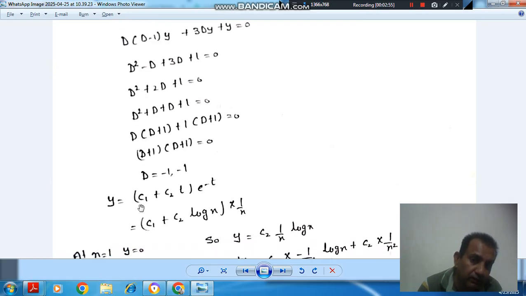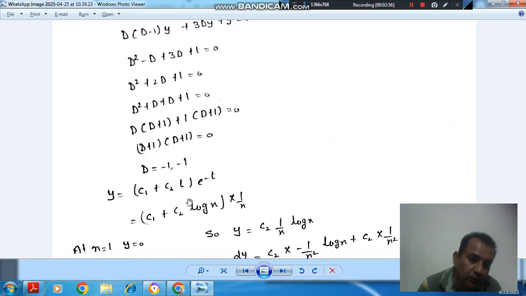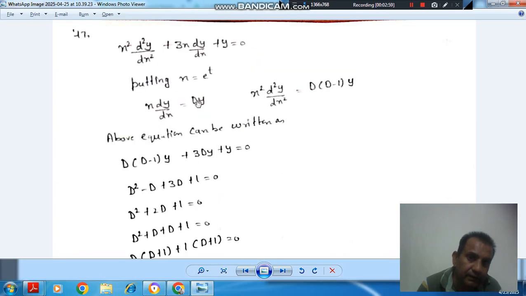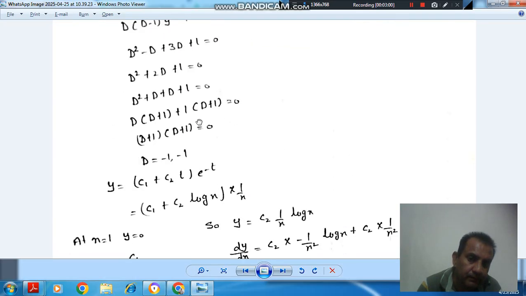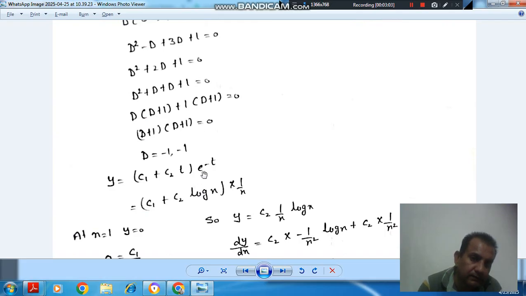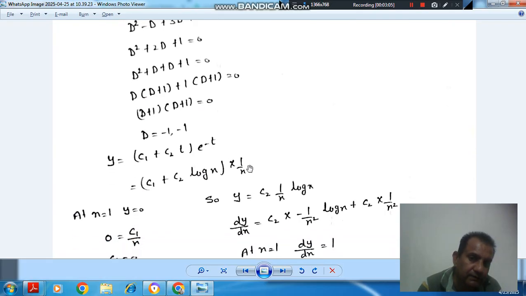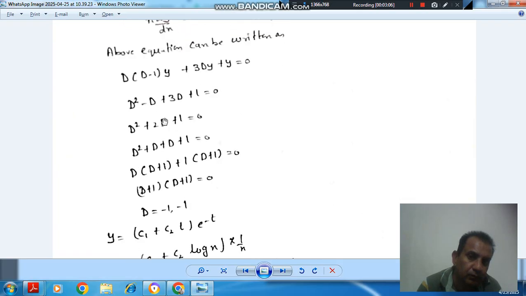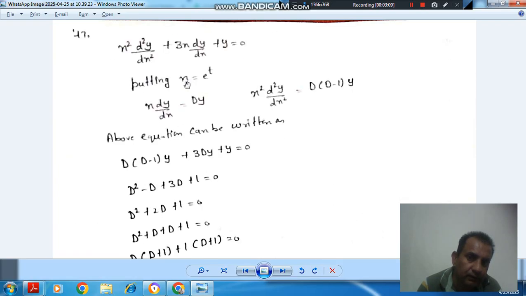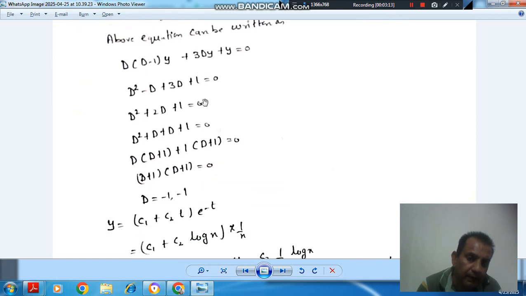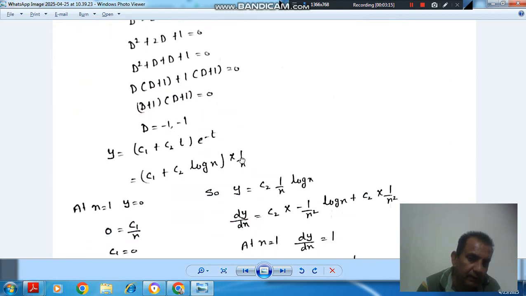So if roots are equal, this is the solution. Now, as e to the t is x, t will be log x and e to the minus t will be 1 by x. Because e to the t is x, if we take log both sides, log x will be t, and e to the minus t will be 1 by x.